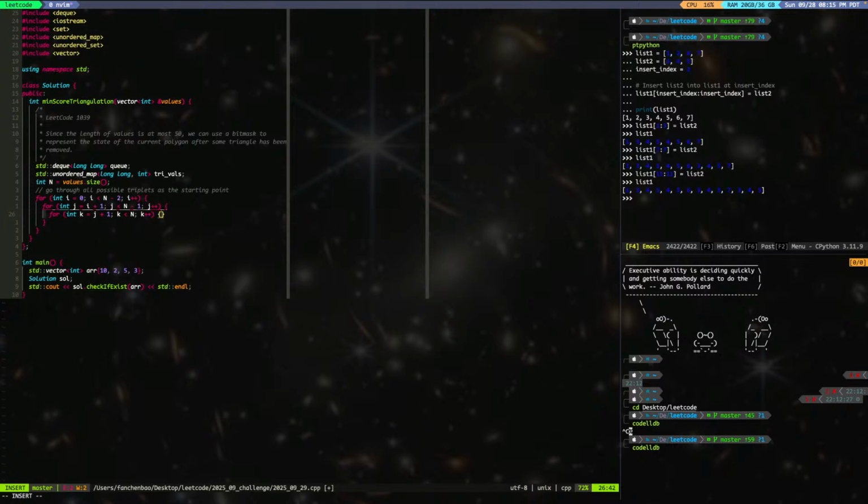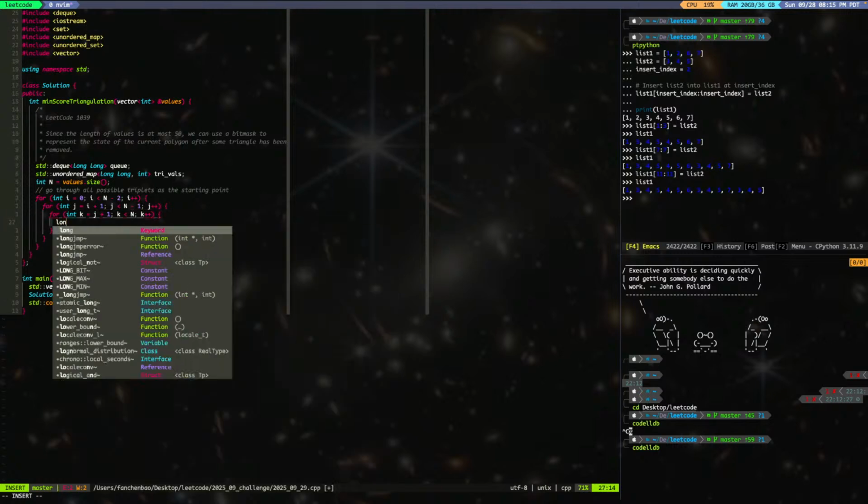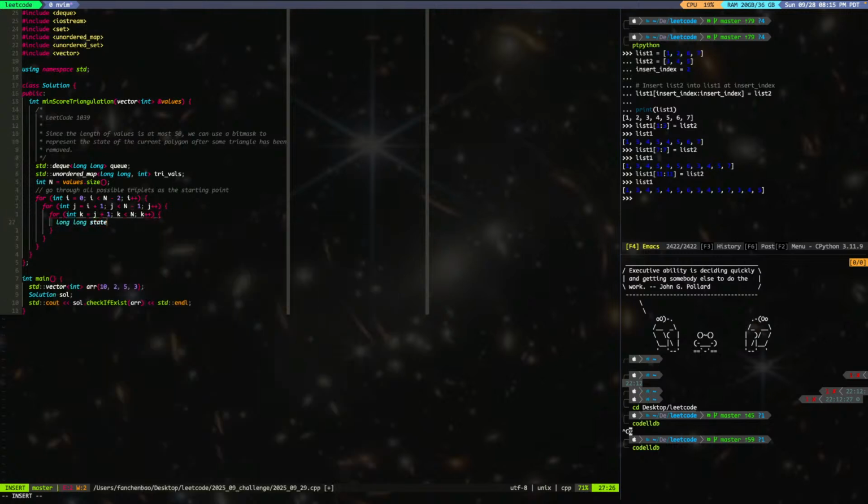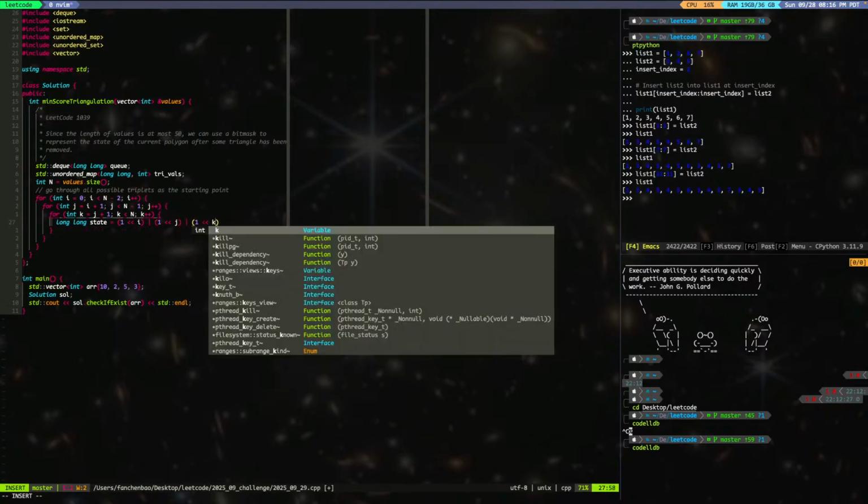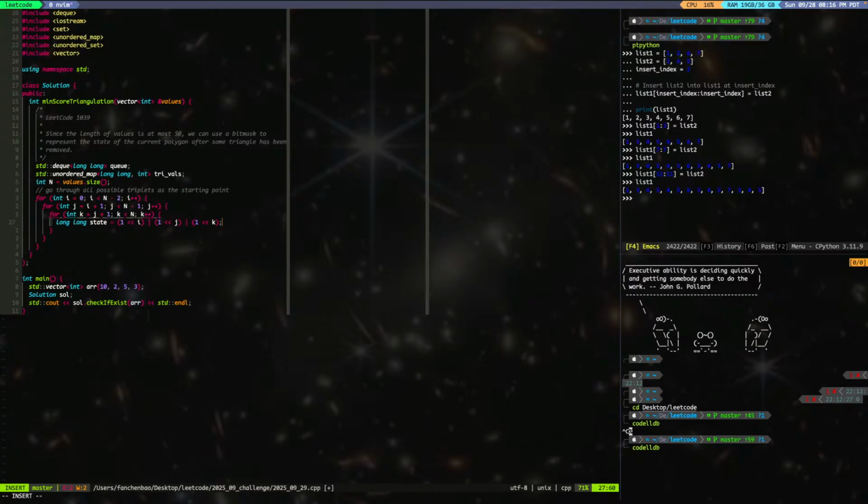So that's our 3, and then long state equals 1 left shift i or 1 left shift j or 1 left shift k, because those 3 are filled. So that's my state.